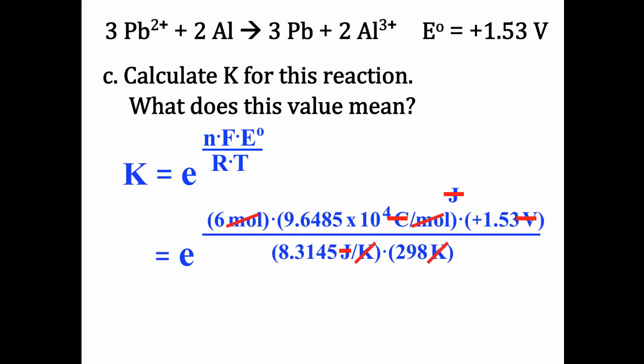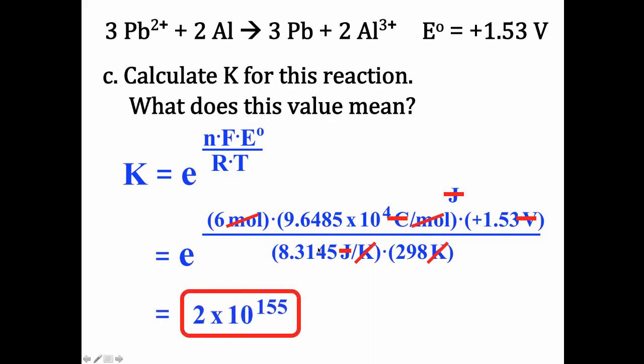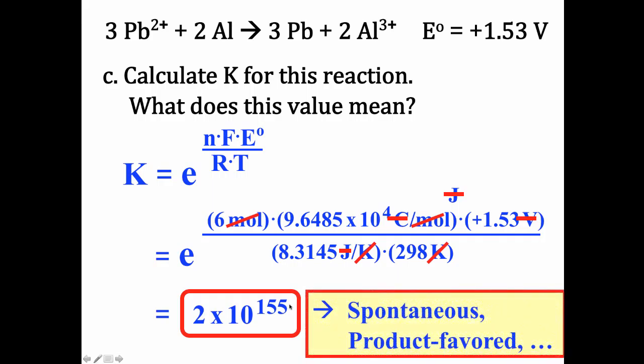And e to the all of this multiplied and divided appropriately gives us about 2 times 10 to the 155th. Some of you might have calculators where your calculator won't even calculate it; it goes to overflow. So it's a huge number, a very spontaneous, very product favored reaction.